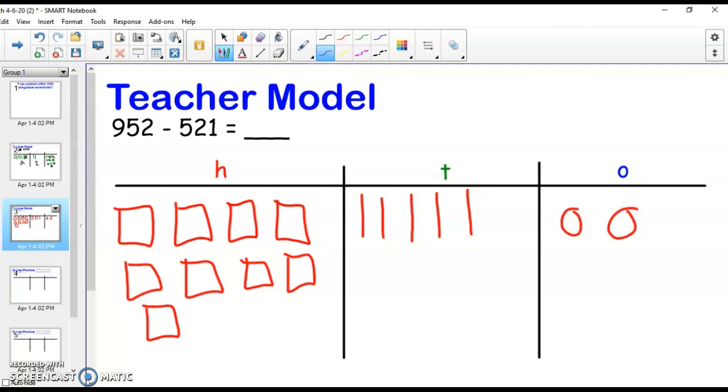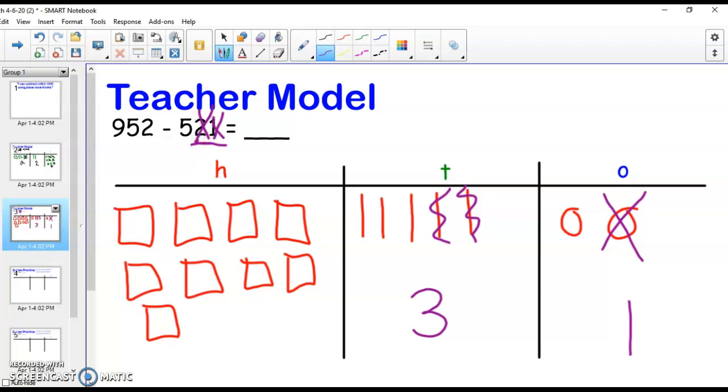Now I need to subtract 5 100s, 2 10s, and 1 1 from the number 952. So let's start at our ones place and let's take away 1 1. And now I'm left with 1 1. Now I want to take away 2 10s. 1 10, 2 10s, and I am left with 3 10s.